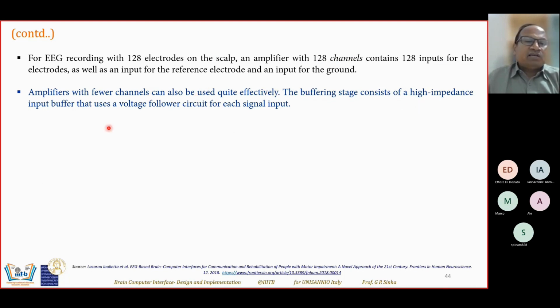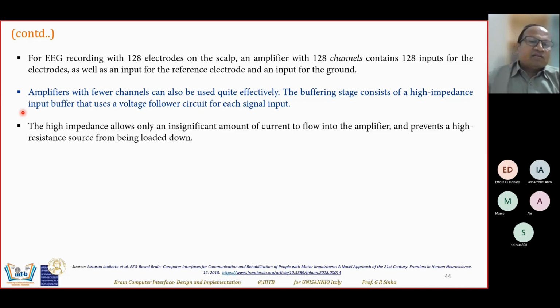The buffering stage consists of high impedance. I have already explained, that is nothing but a voltage follower. A voltage follower is a common collector amplifier that acts as a buffer. Its maximum voltage gain is 1. Those who have studied the voltage follower amplifier know that its gain is less than or equal to 1. Ideally, it is 1. So high input impedance avoids overloading.